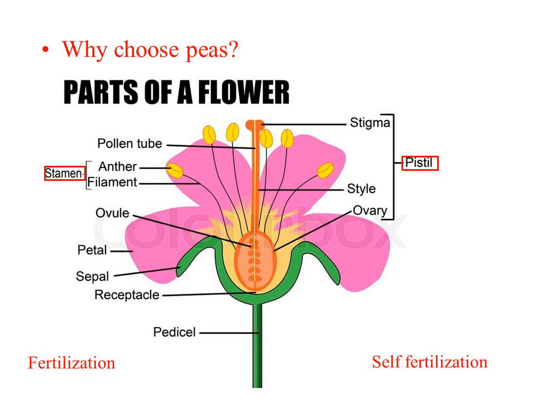It has a male portion and a female portion. The male portion is referred to as the stamen, and the female portion is called the pistil. The sperm will be produced in the stamen, and the egg will be produced in the pistil.